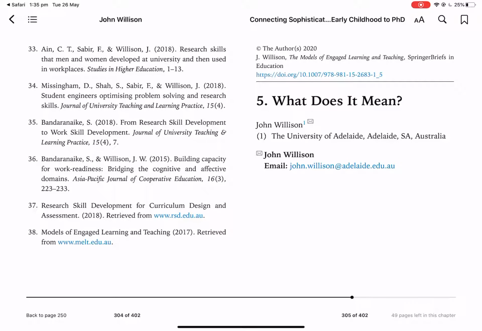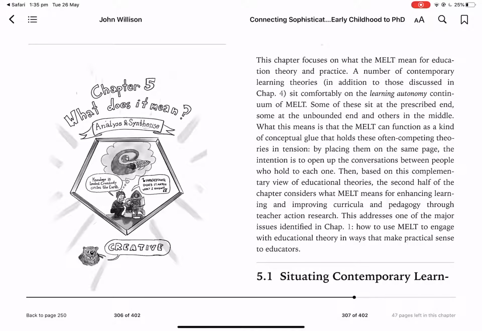I've already said chapter 5, what does it mean? So that's what you'll be looking at in a bit of detail. But that analysis and synthesis, where interestingly we're very much connecting that through the Beaver to being creative.